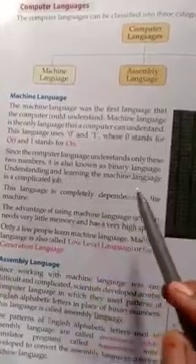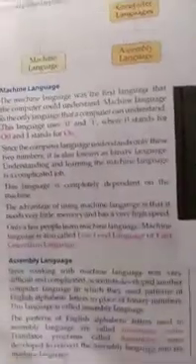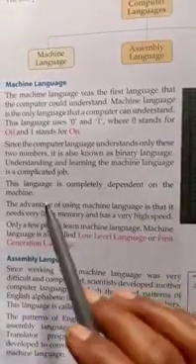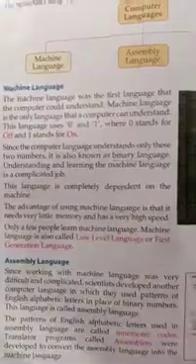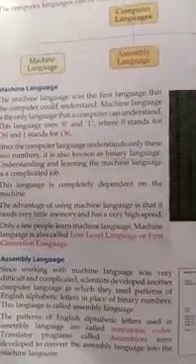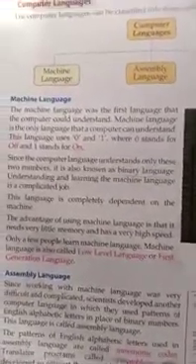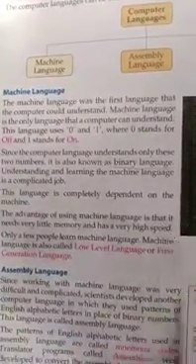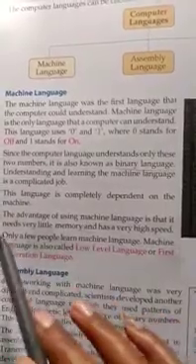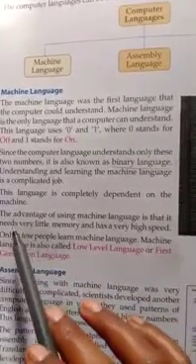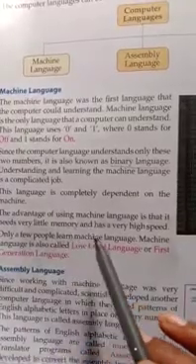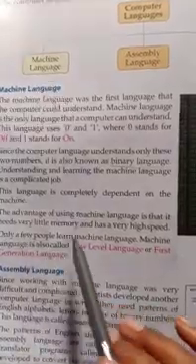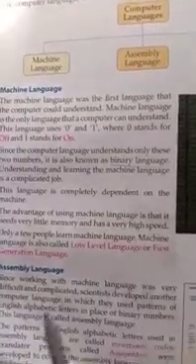Understanding and learning the machine language is a complicated job. This language is completely dependent on the machine. The advantage of using machine language is that it needs very little memory and has a very high speed.